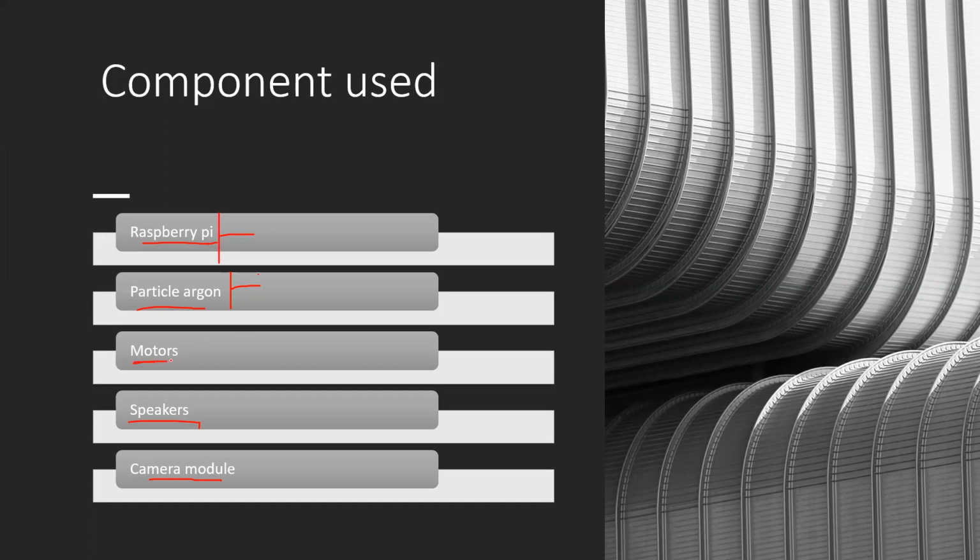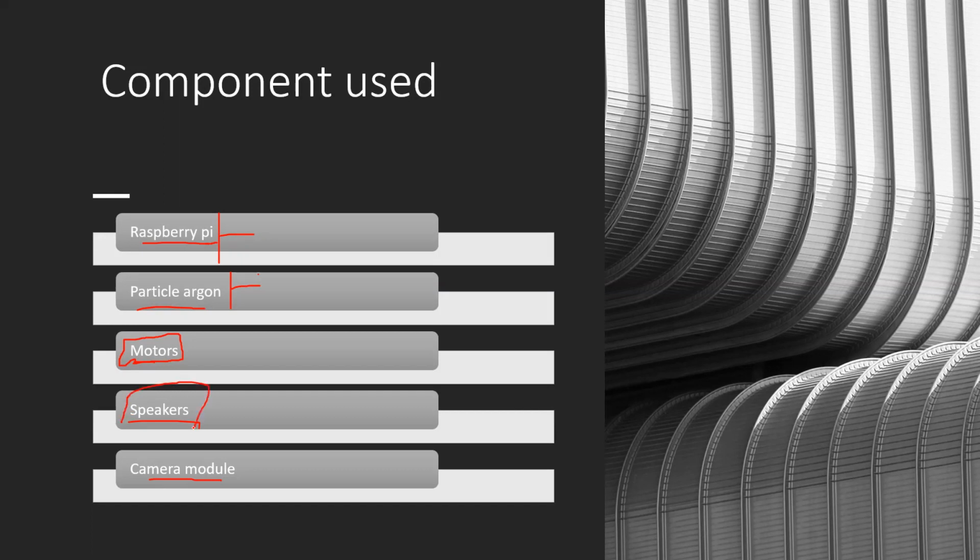Motors, I have not finalized. I can use brushless motors or stepper motors depending upon how they perform. I have a few brushless motors laying around. Firstly, I want to try with those, and if that does not work out, I'll be using stepper motors.